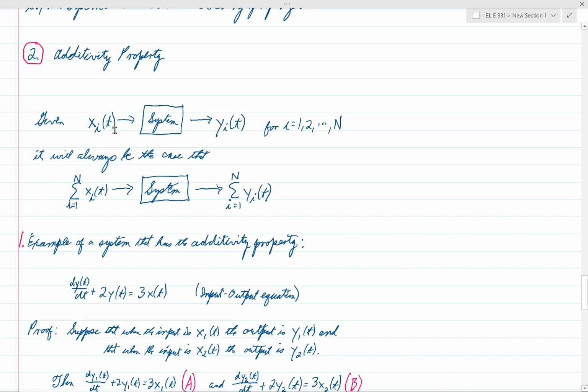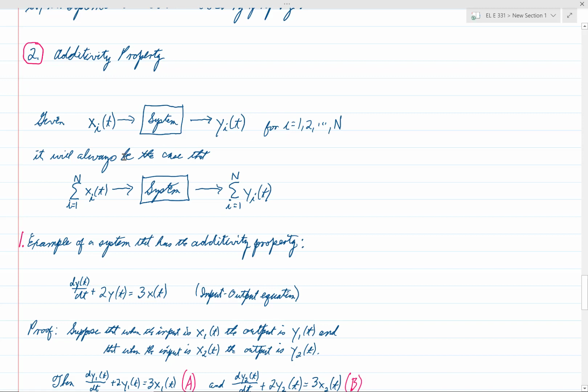So really this is n statements here. It's saying that x1 of t gives the output y1 of t, x2 of t gives the output y2 of t, x3 of t gives the output y3 of t, xn of t gives the output yn of t. So suppose we know all of that information about the system.